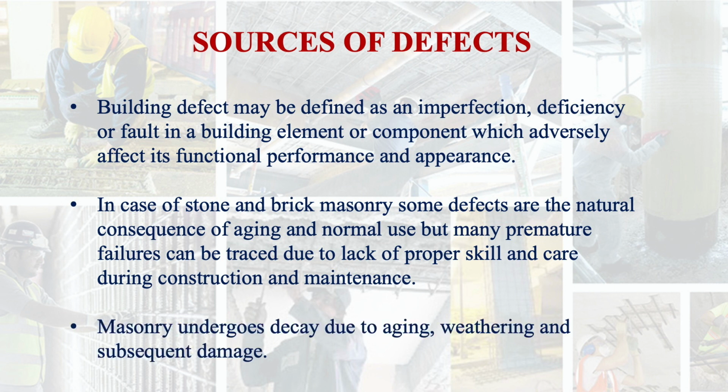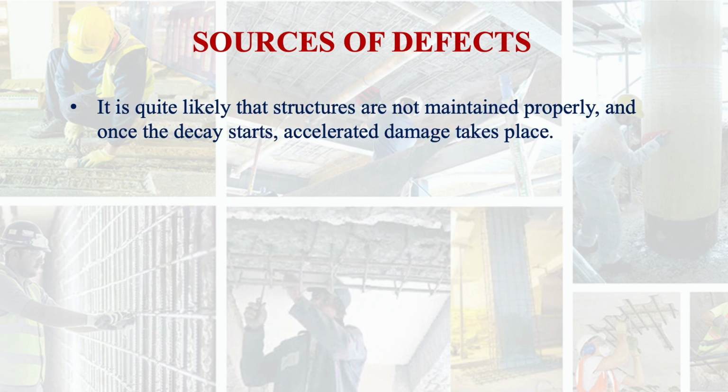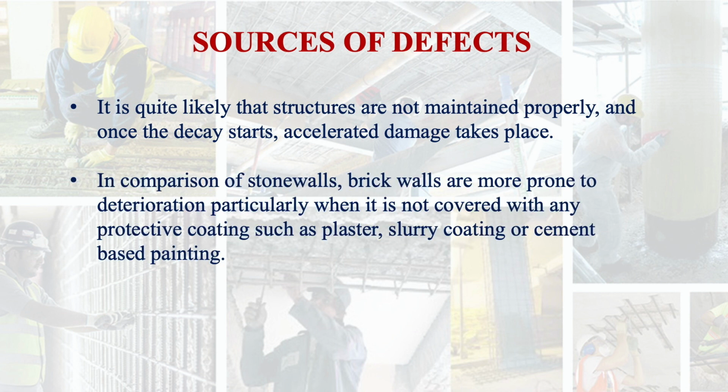Masonry undergoes decay due to aging, weathering, and subsequent damage. It is quite likely that structures are not maintained properly, and once the decay starts, accelerated damage takes place. In comparison to stone walls, brick walls are more prone to deterioration, particularly when not covered with any protective coating such as plaster, slurry coating, or cement-based painting.